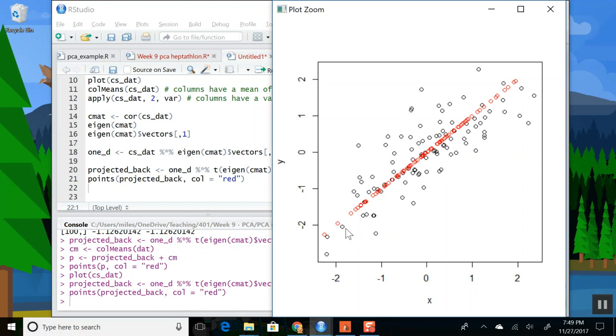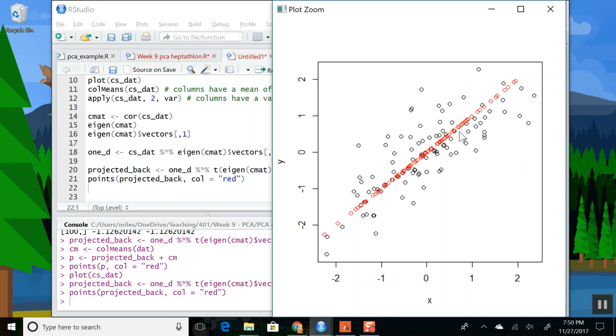The red data points preserve a lot of the structure, but again, because we are going from 2 dimensions to 1 dimension, we do lose some information. We don't differentiate between this point and this point. They get pretty much projected to the same spot when we look at the first principal component.